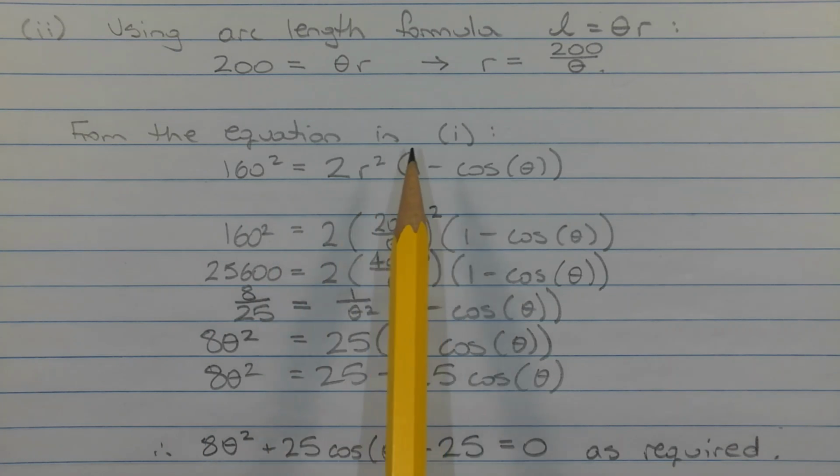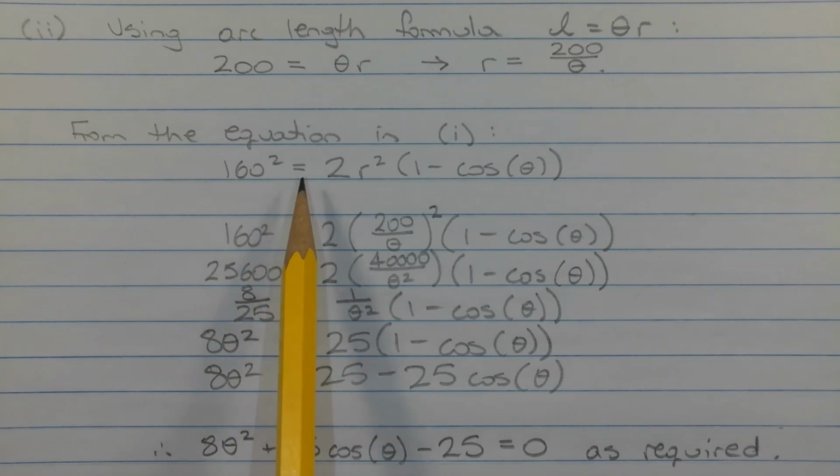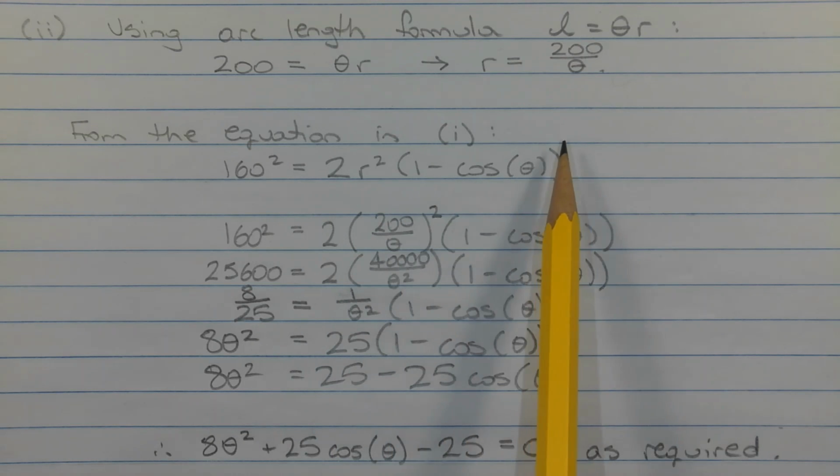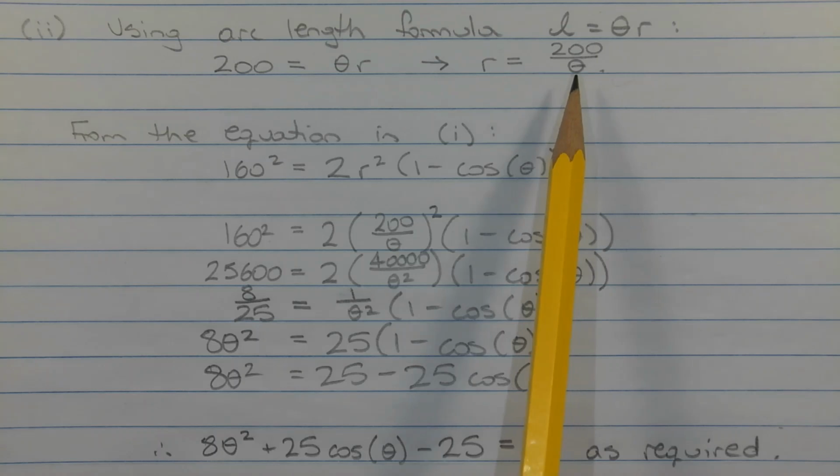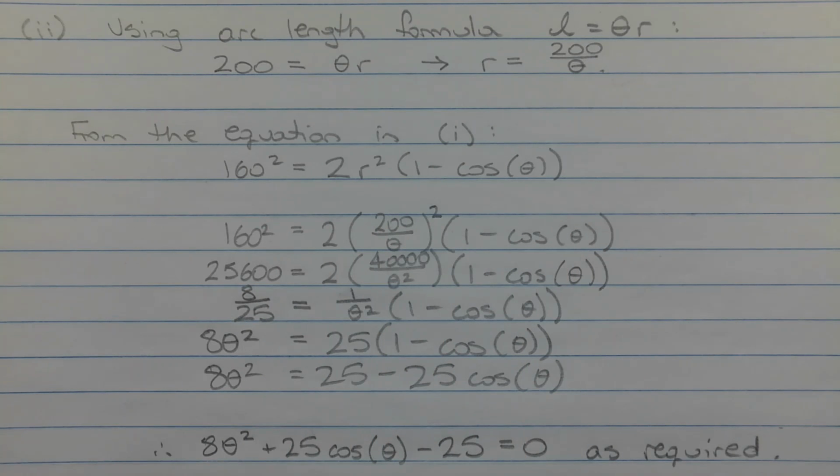So from the equation in part 1, we have 160 squared equals 2r squared times (1 minus cos theta). I'm going to substitute 200 over theta for r here. So we have 160 squared equals 2 times (200 over theta) squared times (1 minus cos theta).